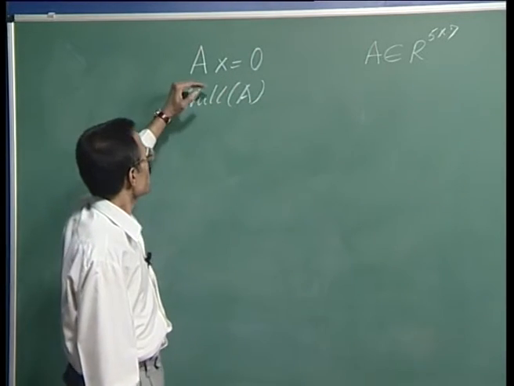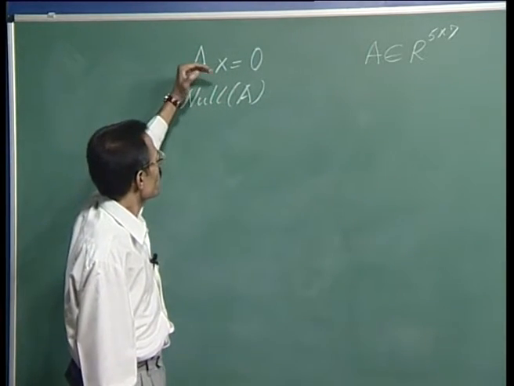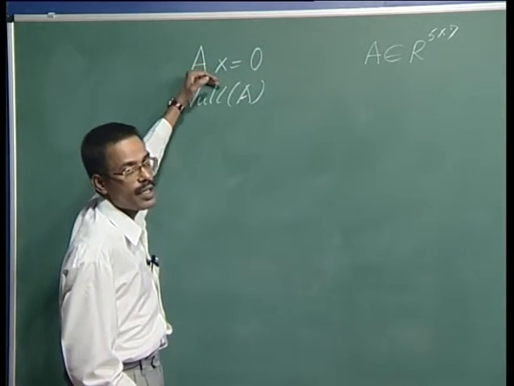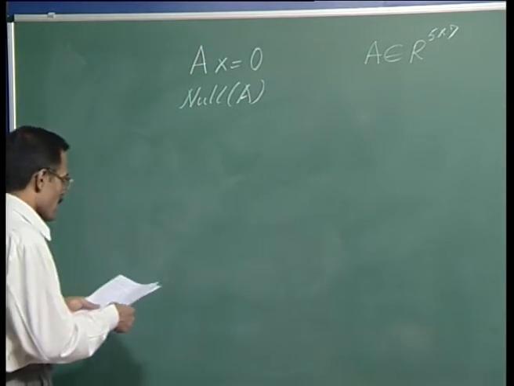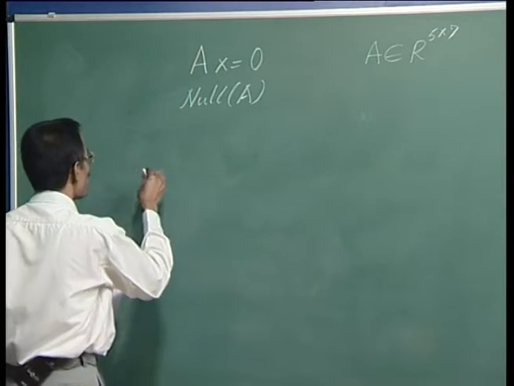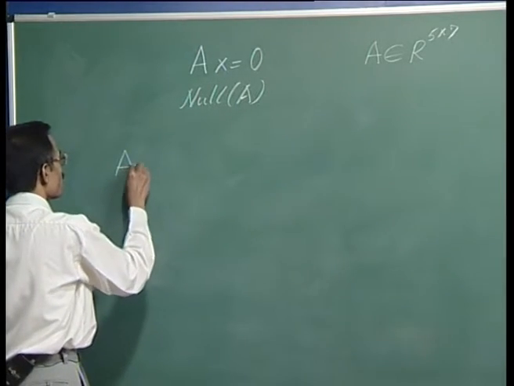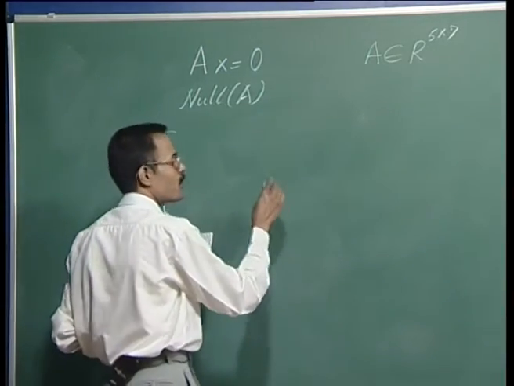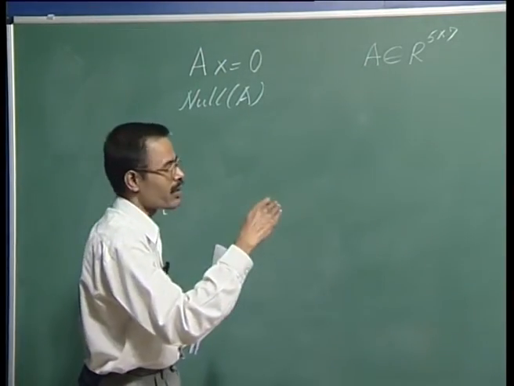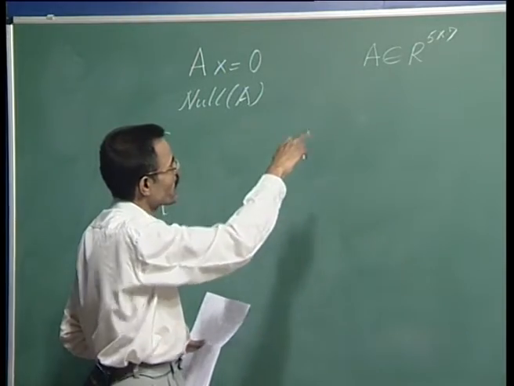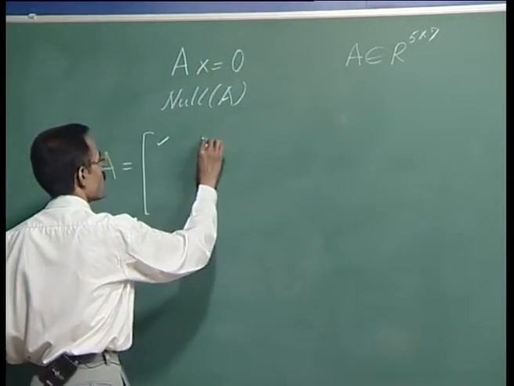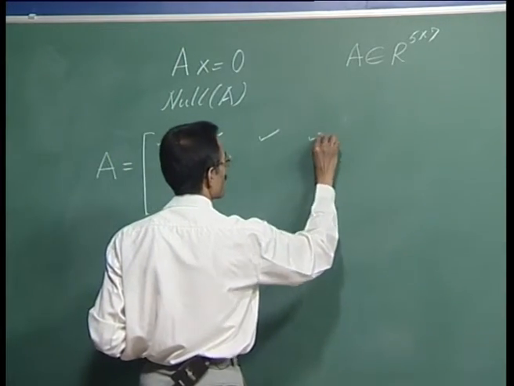We will just keep on applying elementary row transformations on A with a view to reduce it significantly. And here, at every step, whichever values in that 5 by 7 matrix get changed, I will show that with a tick mark like this.